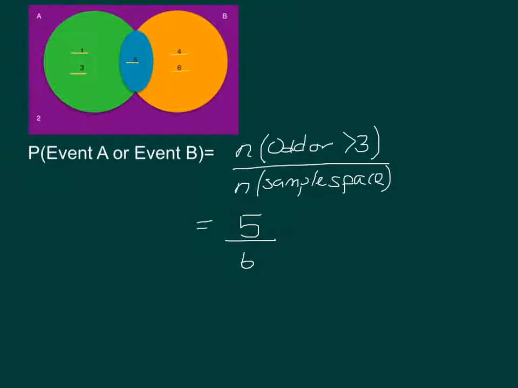Therefore, there are 5 numbers that could be possible. This means we would write it as 5 over 6 or 83%.